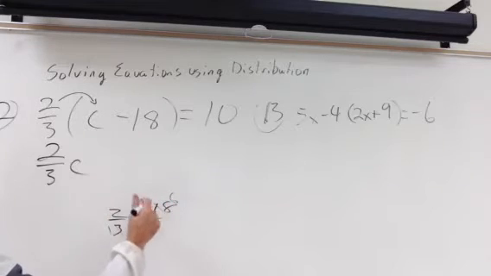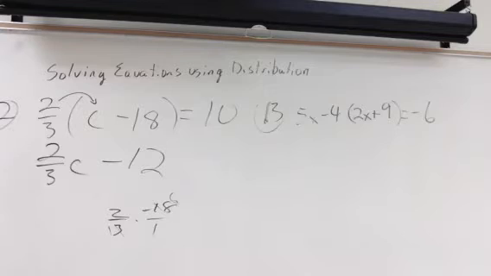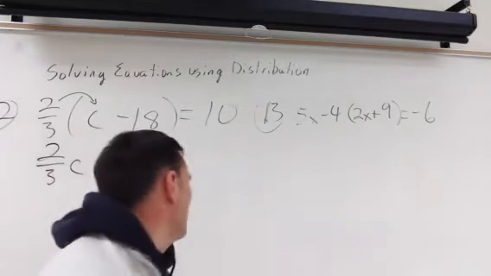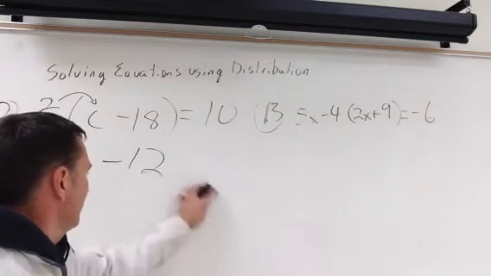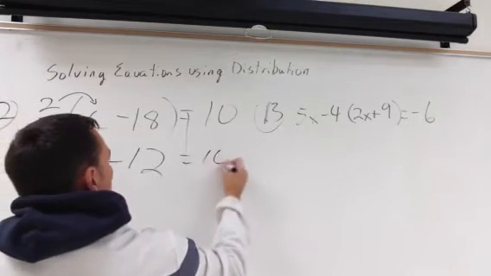So 2 times negative 6 is a negative 12. Whenever you're doing fractions, it always helps to do a little work on the side to get that answer. Copied on the 10, we did nothing with it.